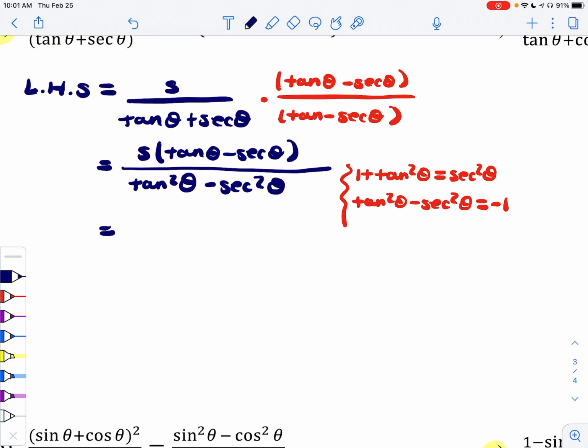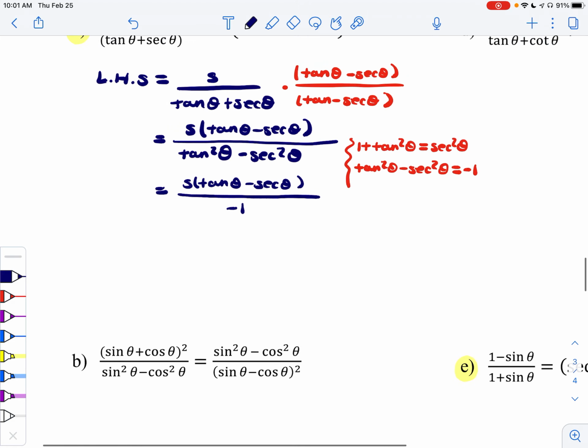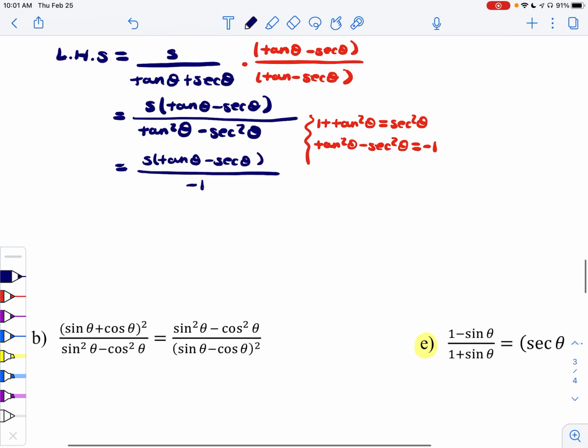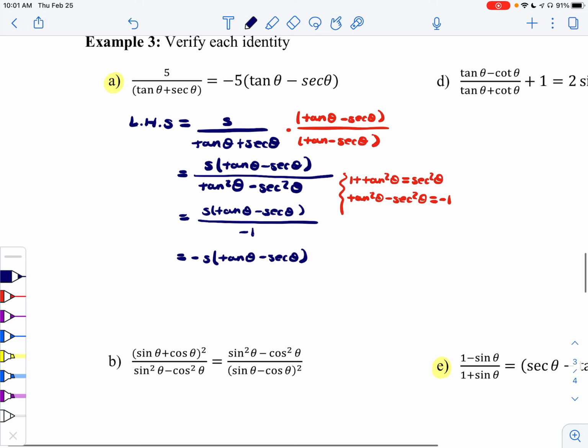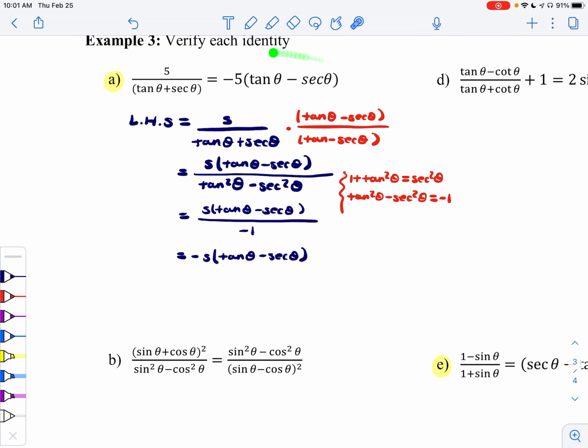So we can go ahead and substitute that into the denominator here. So that denominator just turns into a -1. But when we divide by a -1, basically we can just multiply the numerator through by a -1. So this would just be 5 times the quantity tangent of theta minus secant of theta. And if you look back, that is exactly what we're trying to get to. That is our right-hand side. So we're done.